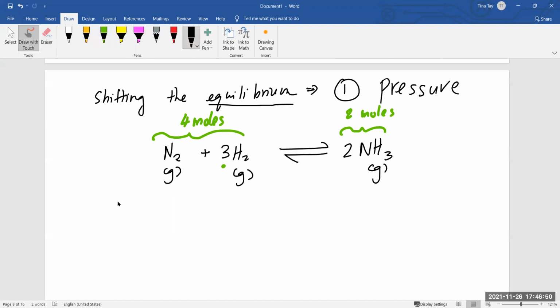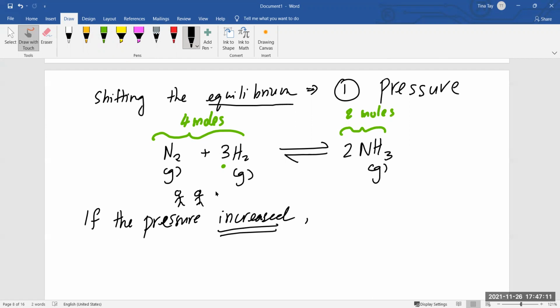So if the pressure is increased, okay, this side got 4 people. This side only got 2 people.